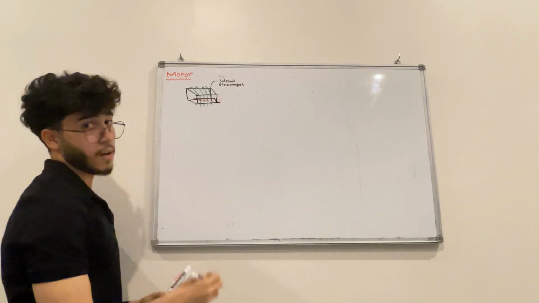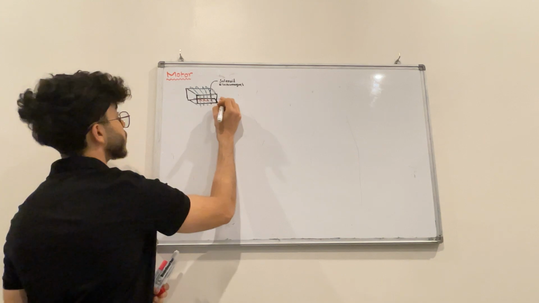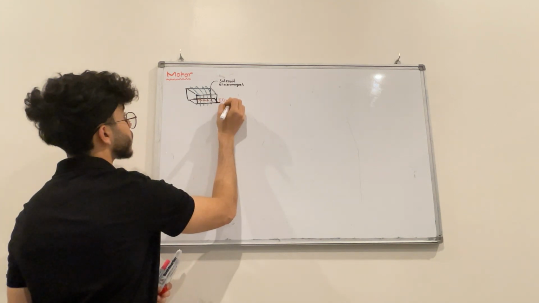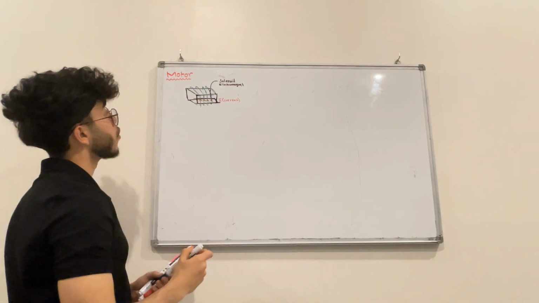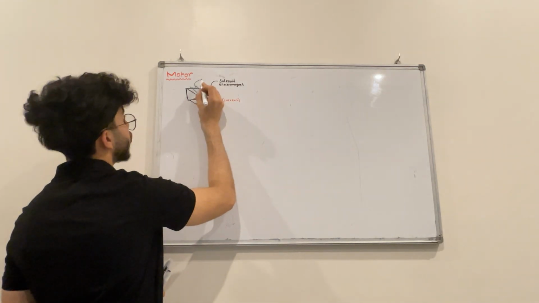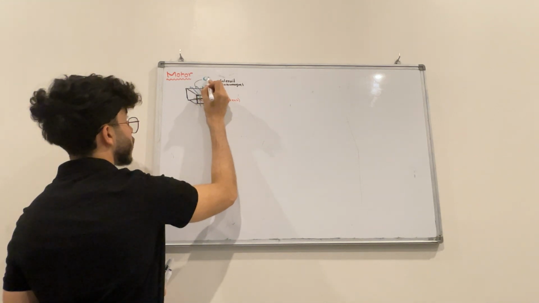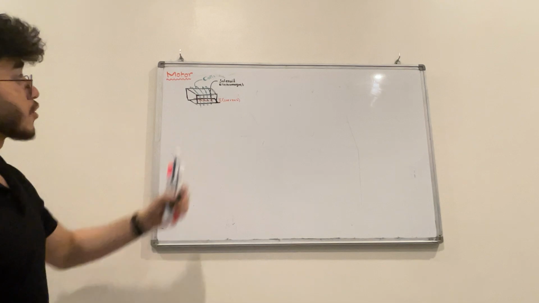The red one is the current. The green one is the coil or loops. We're going to call it a coil from now on. When we're studying the motor, we're going to call it the coils. This is the idea of the electromagnet.